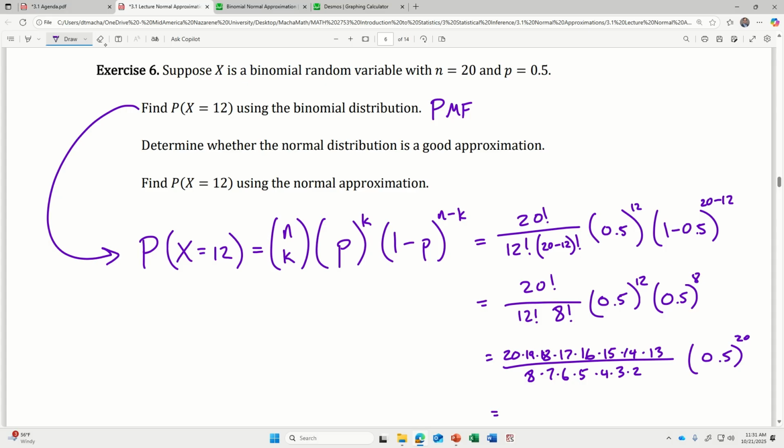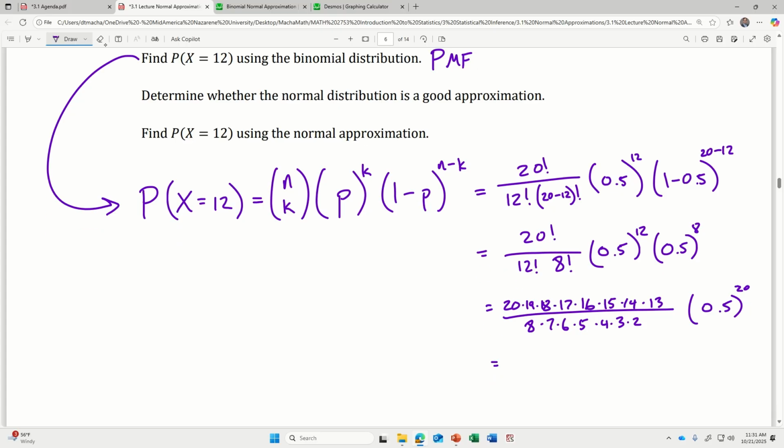Okay, so the leading up to it part, that whole crazy coefficient is 125,970. And then 0.5 raised to the 20th power is a super tiny number, so I'm not going to write it down. I'm just going to multiply that times the big number. And I get 0.1201 for my probability.